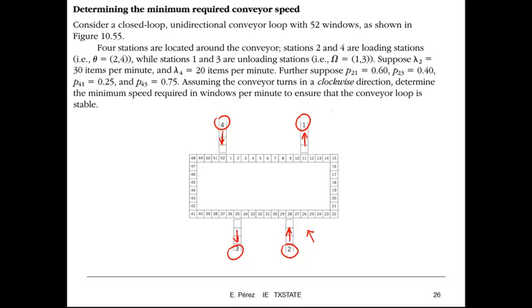The probability P of 4-1 equals 0.25 and the probability for 4-3 equals 0.75. Assuming the conveyor turns in a clockwise direction, determine the minimum speed required in windows per minute to ensure that the conveyor loop is stable. So that's what we're going to do in this example.